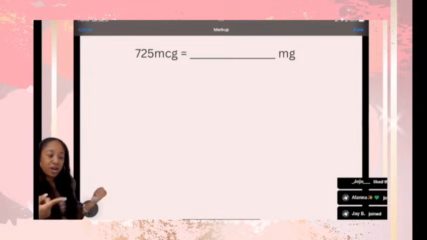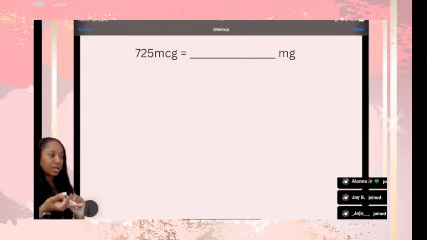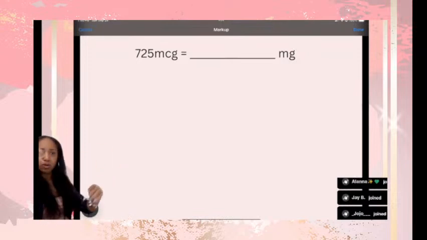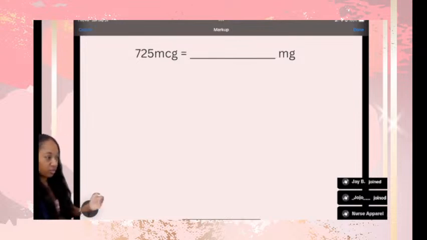Part of the tricky part of dimensional analysis sometimes is knowing what to put, what to cross out, and like, do I put the 1 right here or do I put the 1,000? What goes on top? What goes on the bottom? So when I do dimensional analysis, I like to start off with what it is that I am looking for. In this case, we are looking for milligrams, okay?